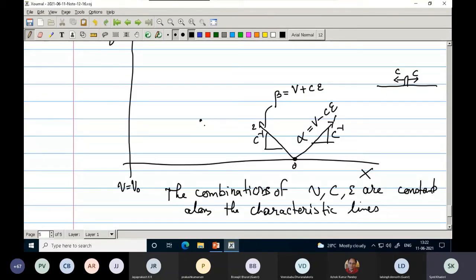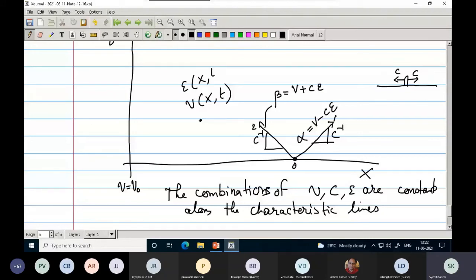What I mean is this particular point has a particular x and t. I want to find what is the velocity at this particular spatial position and at this particular time. I also want to find out what is the strain at this particular spatial position and at this particular time. That's what I have to find out.